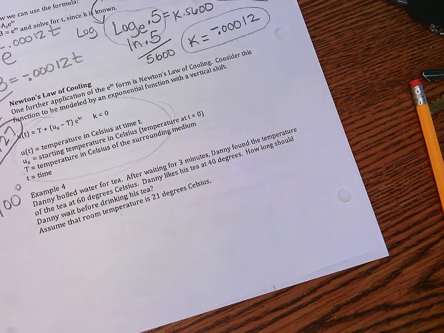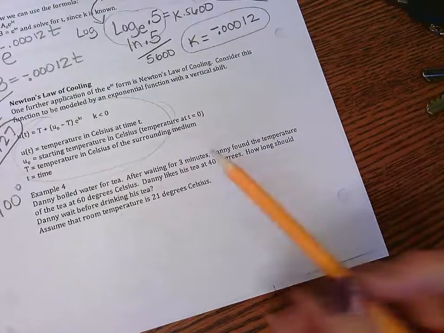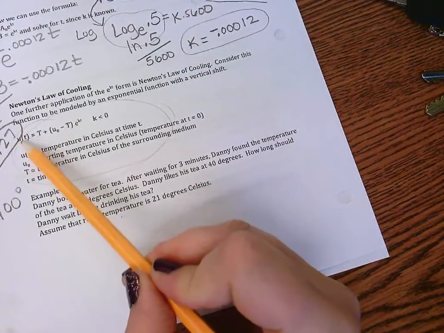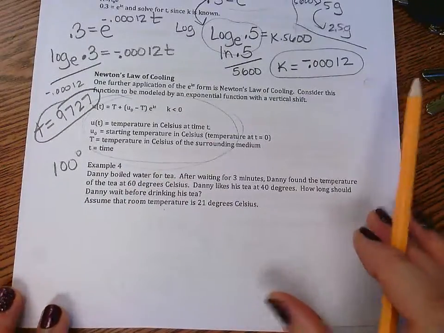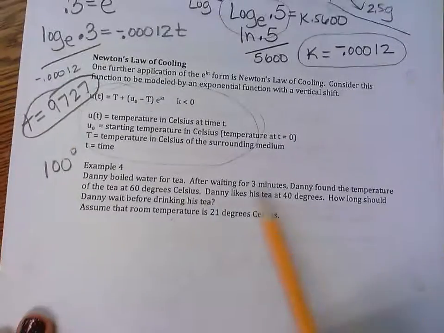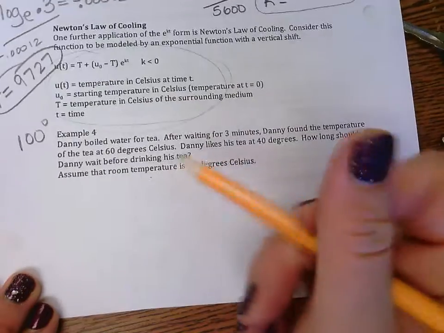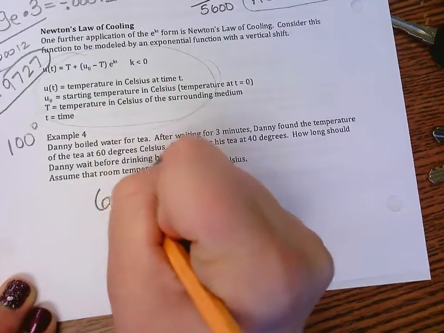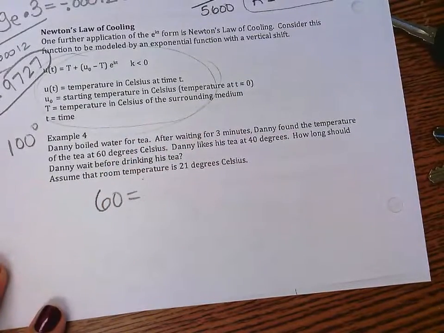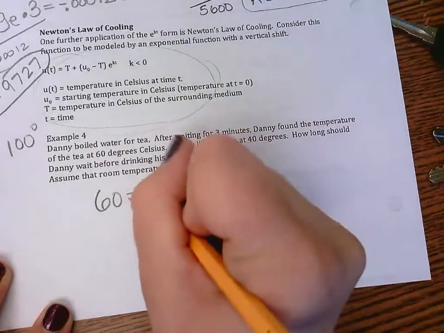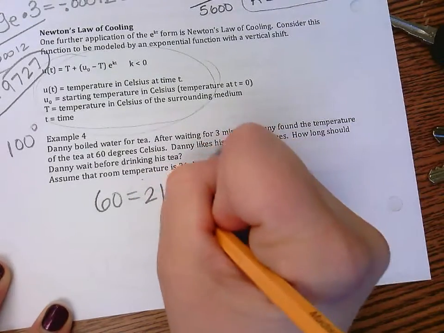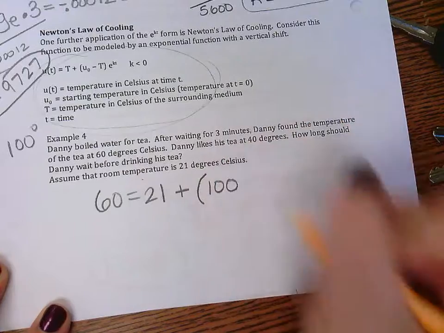Okay, so this U of T is the current temperature of the water, right? After 3 minutes, the temperature of the water is 60. So the first part of my equation is the water is currently 60 degrees. What is room temperature? 21 degrees. What was the starting temperature of the water? 100.